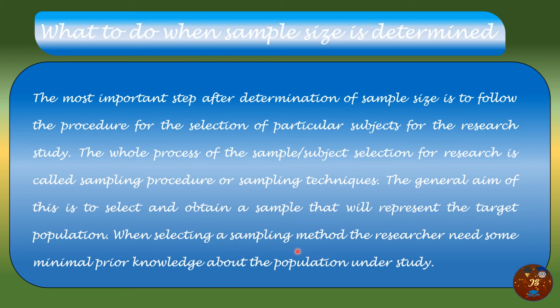When selecting a sampling method, the researcher needs some minimal prior knowledge about the population under study. If you are going to do research on a particular type of human being, say the tribal people residing in the Andaman or Nicobar Islands, you should have some basic knowledge about the lifestyle and behavior of the tribes, particularly the tribes of the Andaman and Nicobar.